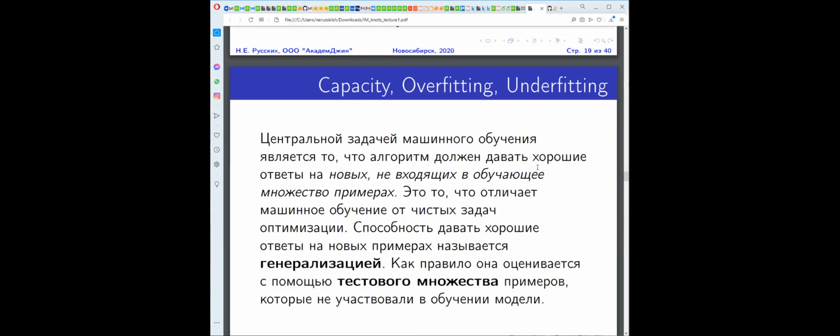We're given some set of labeled examples, we set, say, 20% of it apart, train our model on the remaining 80%, and then measure how well it does on the test set.